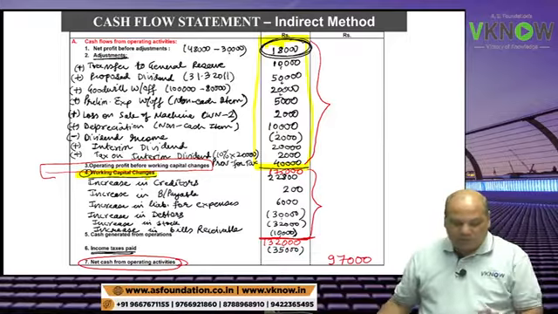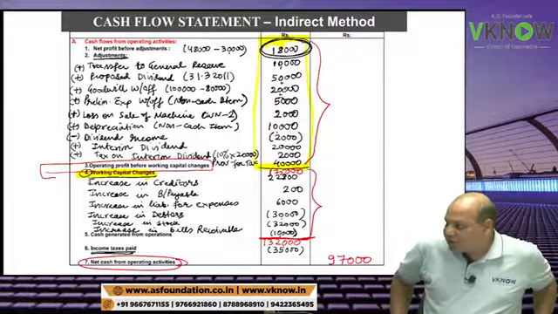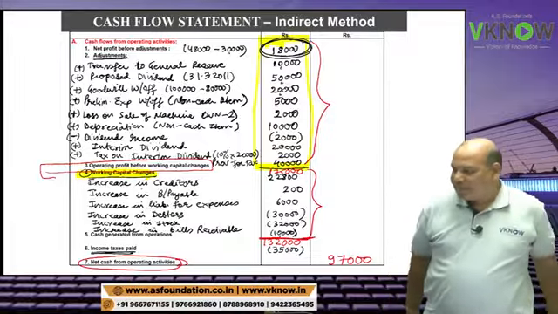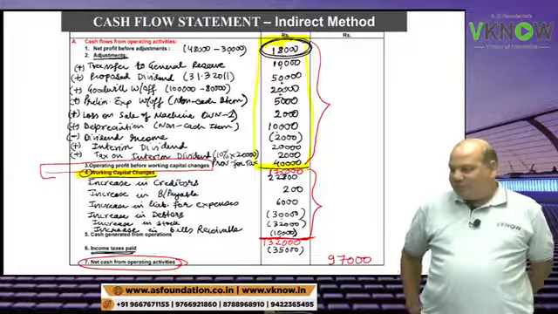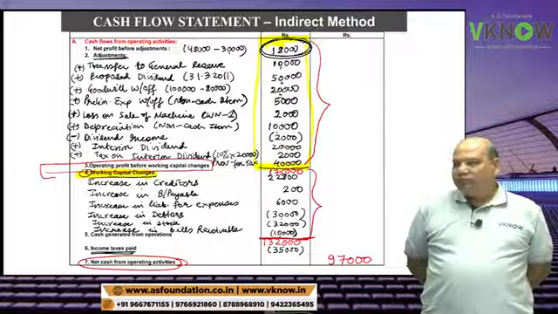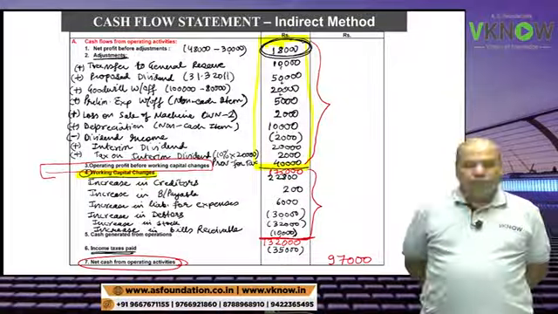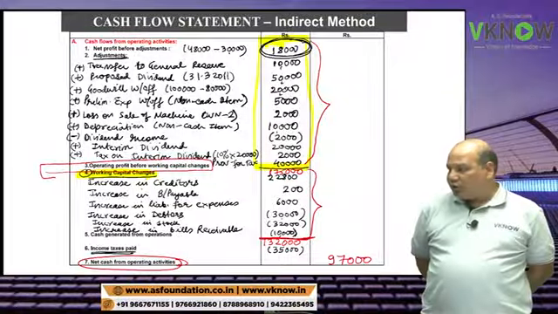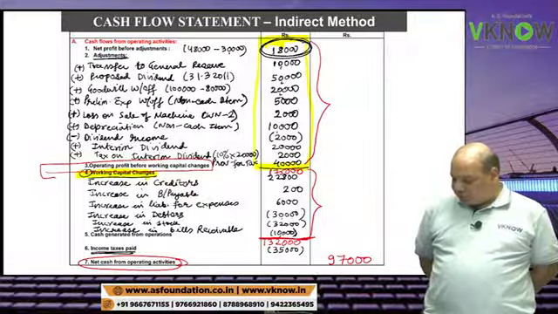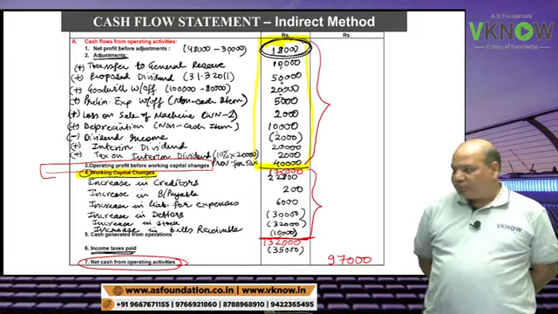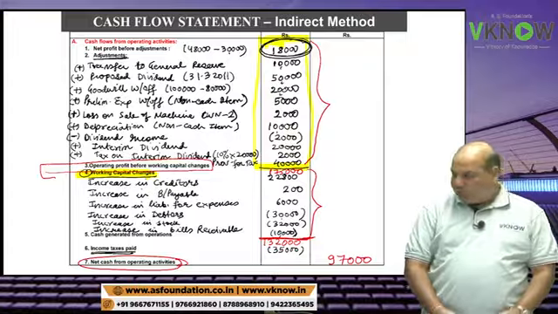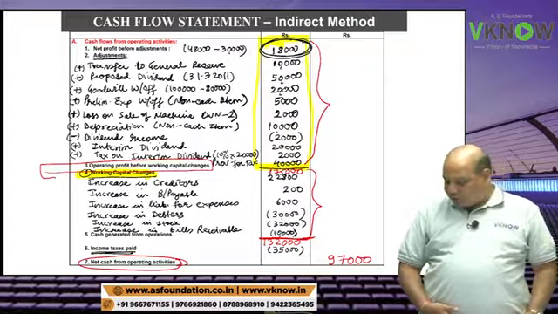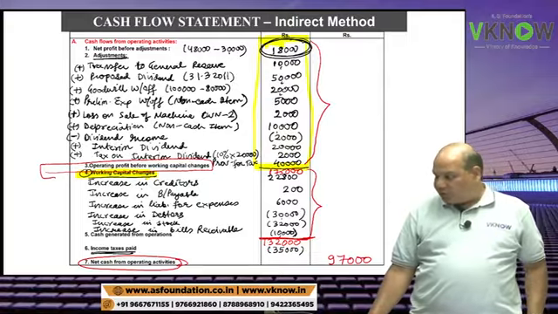This is the main part. This is the main calculation. 97,000. Check the calculation. 97,000 is your cash flow from operating activity. Minus 35,000, you get 97,000.